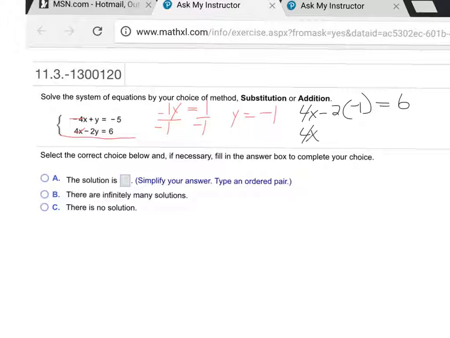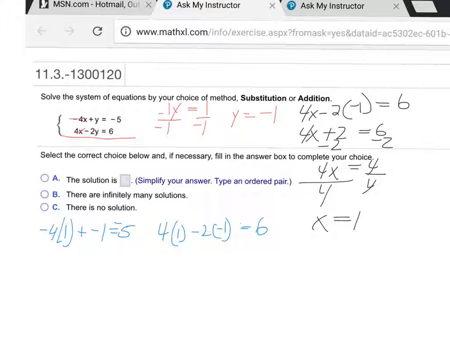So I'll have 4x plus 2 equals 6. Minus the 2, I'll have 4x equals 4. Divide by 4, x equals 1.